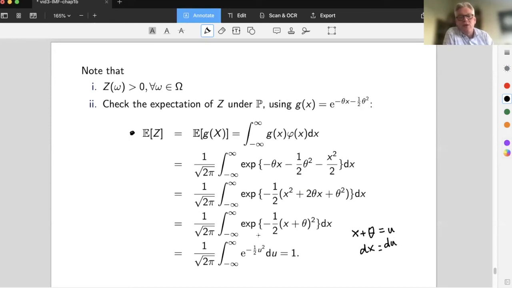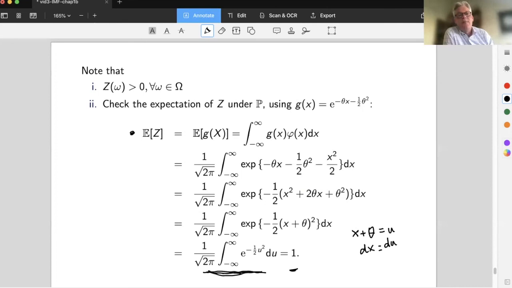And in the end, what we end up with is 1 over the square root of 2 pi, e to the power minus 1/2 u squared du. And indeed, we know, right, from the standard normal density function, that this is equal to 1.